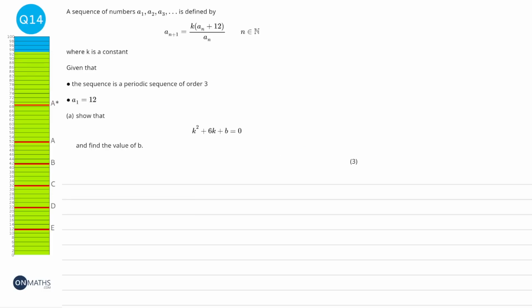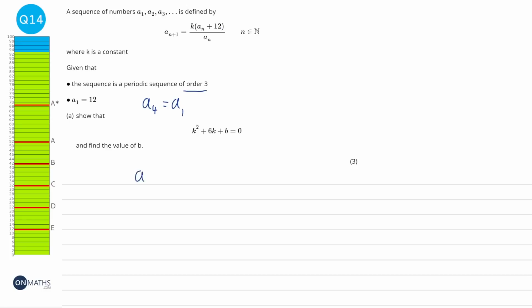The important thing to notice straight away is it's a periodic sequence of order 3. So that will mean that A4 will equal A1 because it's just going to keep repeating. A5 will equal A2. So we're going to find A4 in terms of k, and then we're going to work out the equation given to us.